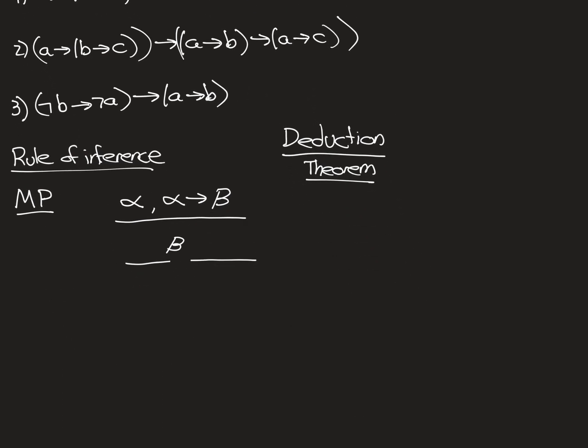So the deduction theorem says that if a set of premises S with a further premise that I'll just call, and I'm overusing alpha, so we'll use gamma now.